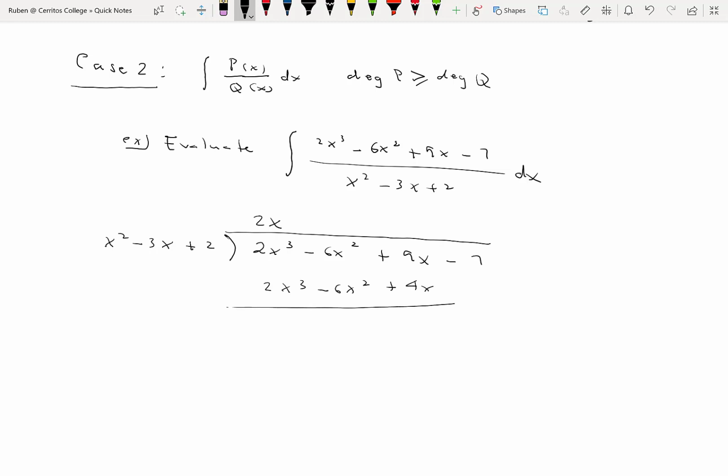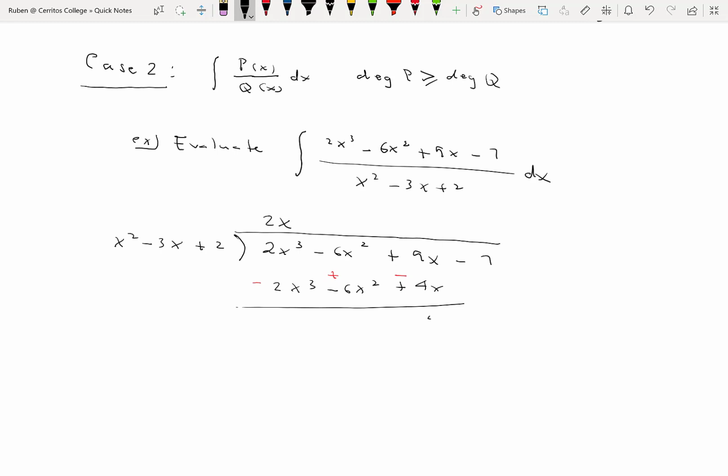And I subtract, or you can think about it as change the signs and add. I change the plus 2 to minus 2, minus to plus, plus to minus, and then add. What I get is 5x.